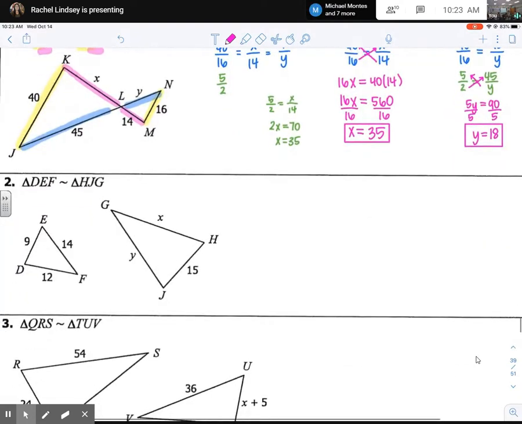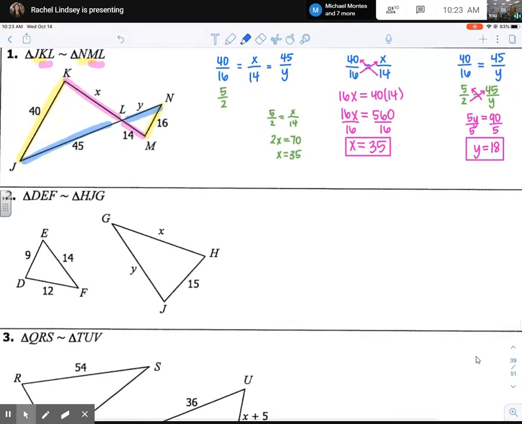So if I'm looking at number 2, I want to do my highlighting. So DE is proportional to what side? HJ. So I can set up a ratio with that. I'm going left to right, so 9/15.